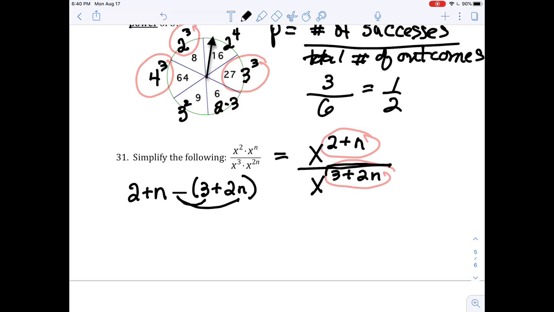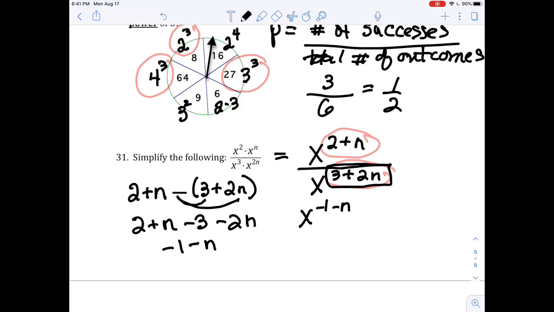You're subtracting this entire exponent. So that becomes 2 plus n minus 3 minus 2n. And if we combine like terms, that's -1 minus n. And so this is x to the -1 minus n.